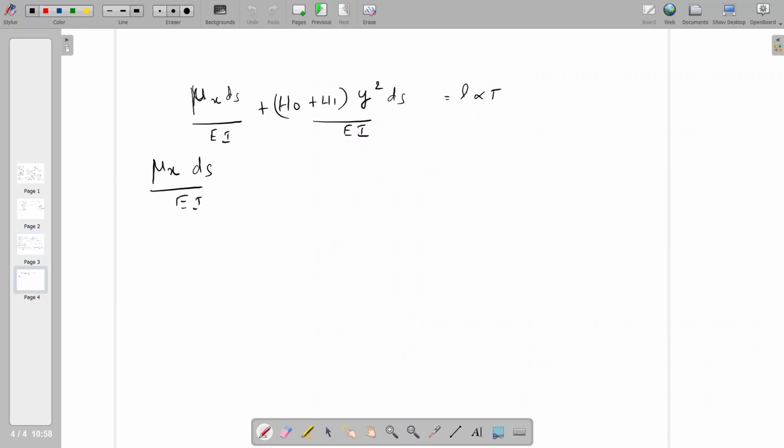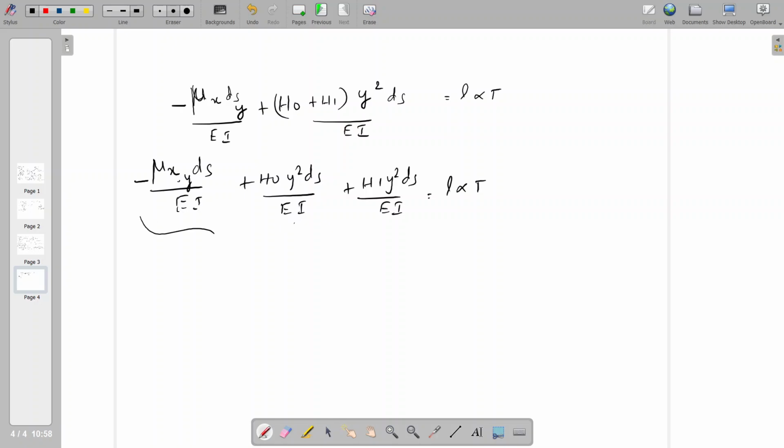So minus Mu x y ds by EI plus H0 y square ds by EI plus H1 y square ds by EI equal to L alpha T.